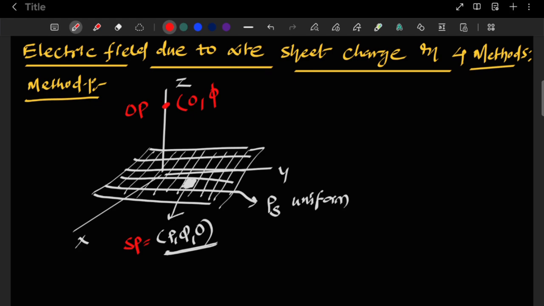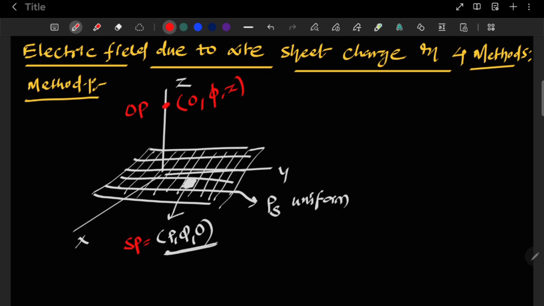Whatever the phi coordinate value is there in the source point, same phi coordinate we have to take in the observation point, because from that particular observation point to see the source point, it is to be with the same angle phi. Then we'll assume that the observation point is at the height of z from the xy plane. Okay, so source point is ready, rho phi 0, observation point is ready, that is 0 comma phi comma z.